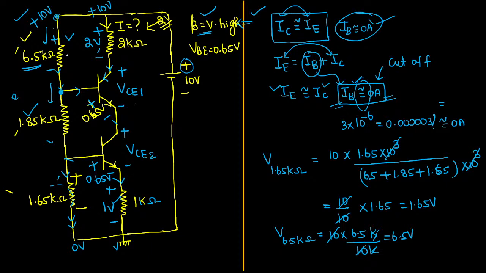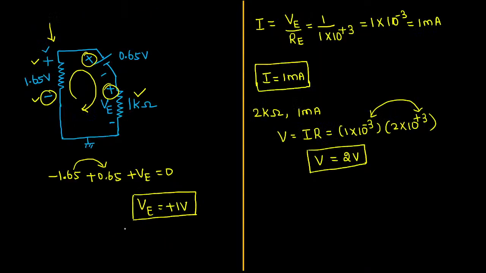We know the polarity: current is traveling in the downward direction, current entering point is plus and leaving point is minus, so it will be 6.5. Now at the top we have a 10 volt source. Now can you apply Kirchhoff voltage law in this way? Is there any mistake?